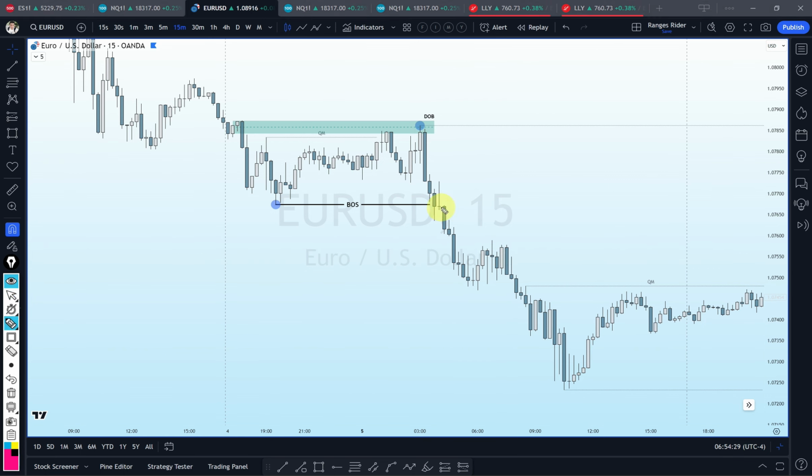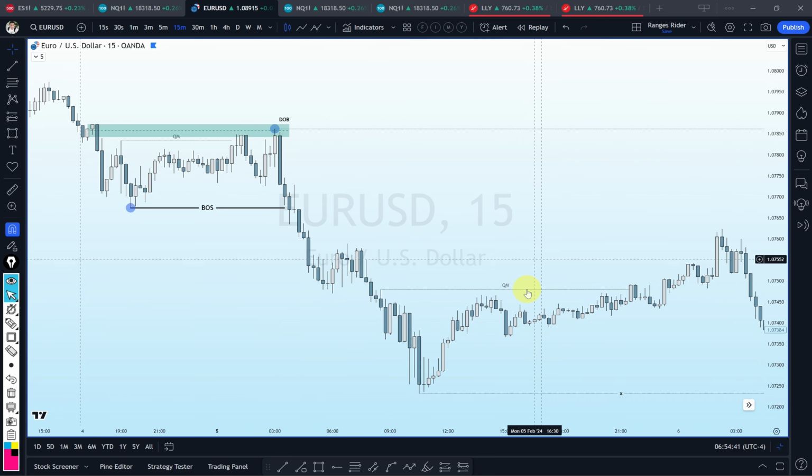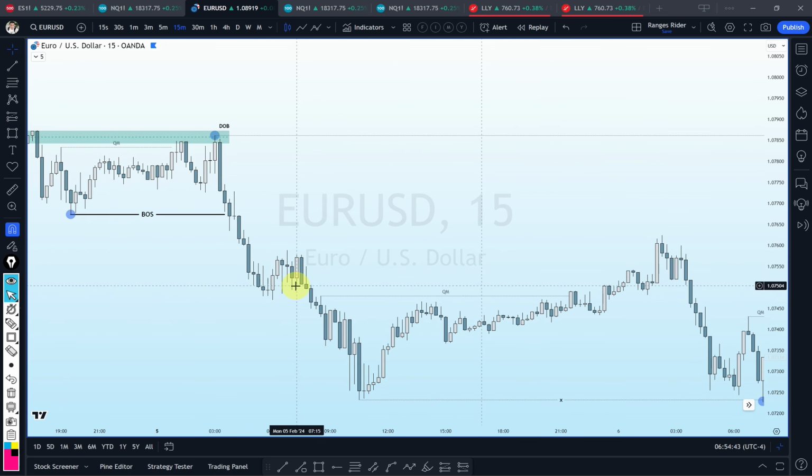If you see, this is basically all internal structure except here, this one. So if this is the QM, then where is the order block we have? We have the order block somewhere here.